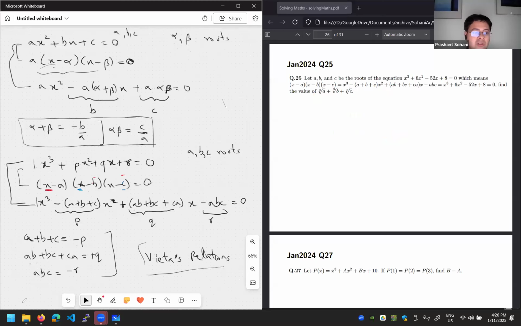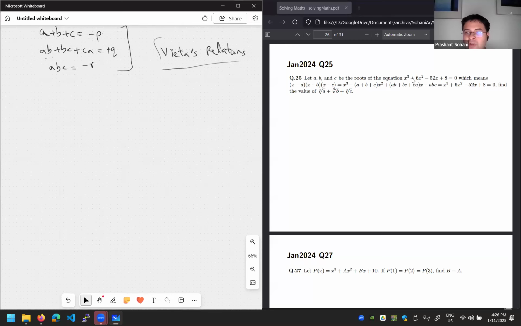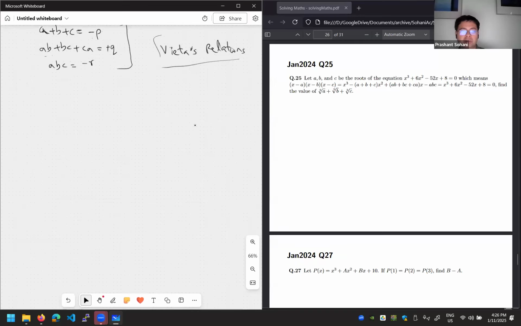So what happens here is that if I look at the equation, let us look at the polynomial more closely. What we know is A, B, C are the roots.